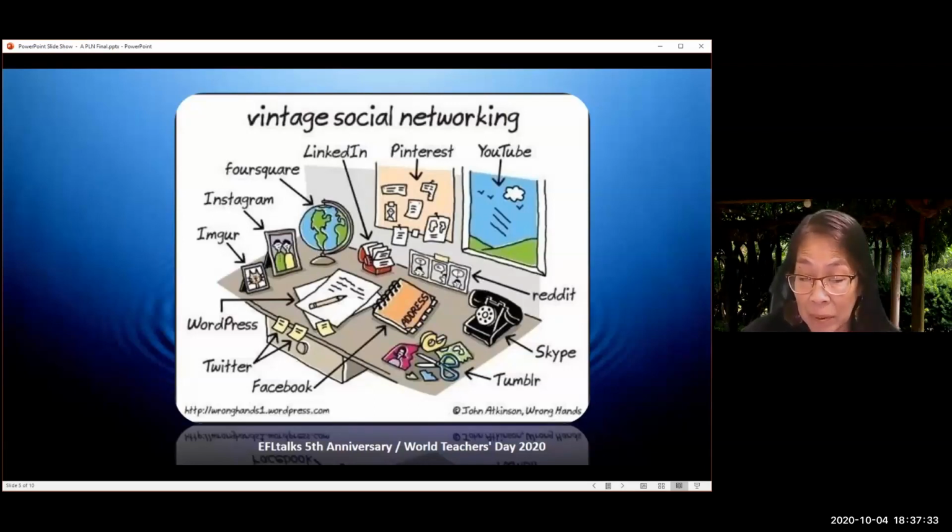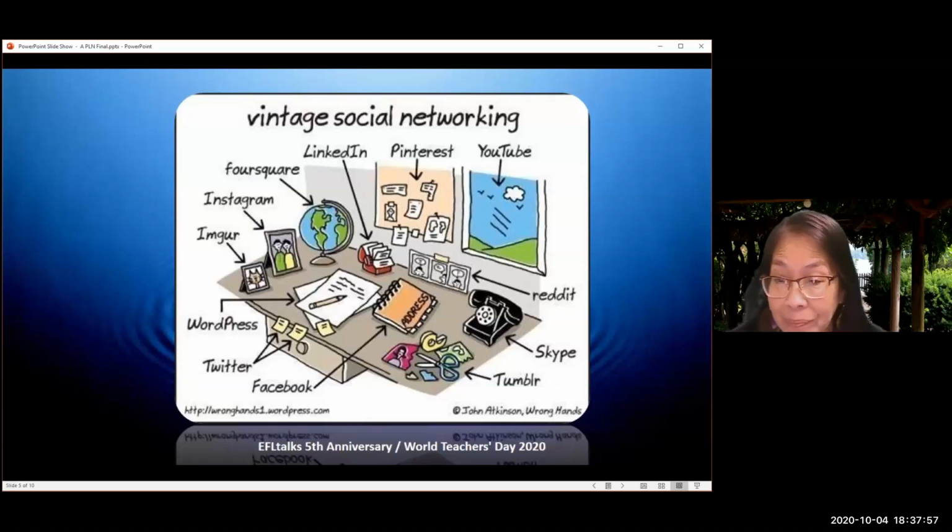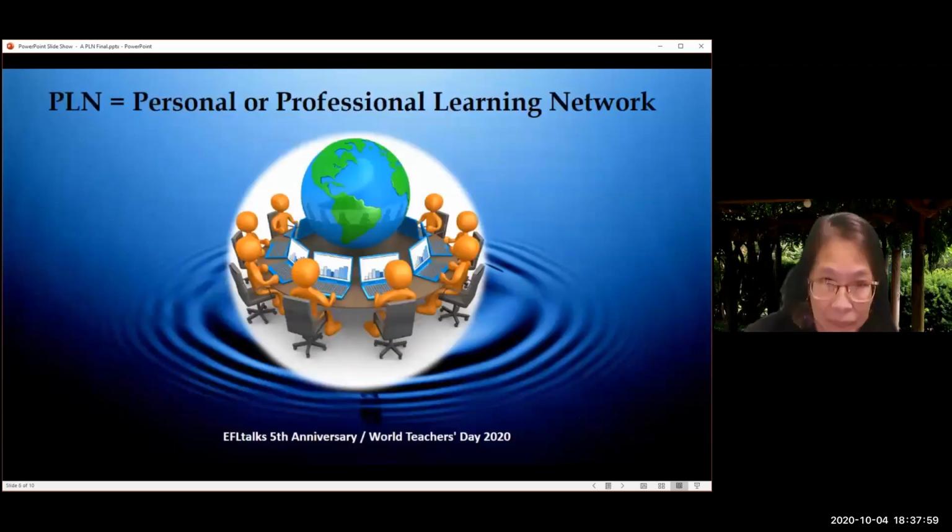Telephones, paper letters, post-it messages, etc. Now that I understood. I was slowly beginning to understand what they were talking about. This indeed was a brave new global world for me. They tried to explain to me that this LinkedIn was my Rolodex and the WordPress was just my paper. It was really new. So, a PLN was a personal or professional learning network.